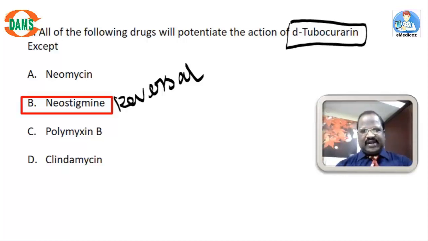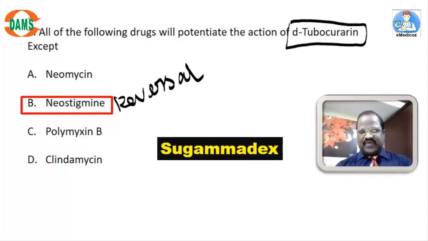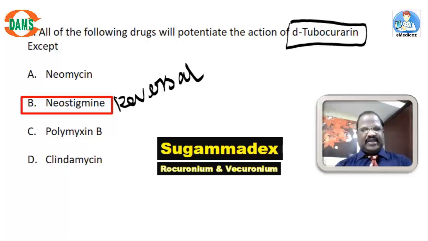It's a newer drug useful for reversal of the action of rocuronium and vecuronium. Remember, in general, the drug useful for reversal of non-depolarizing SMR is neostigmine. A newer drug useful for reversal of rocuronium and vecuronium, think of Sugammadex.